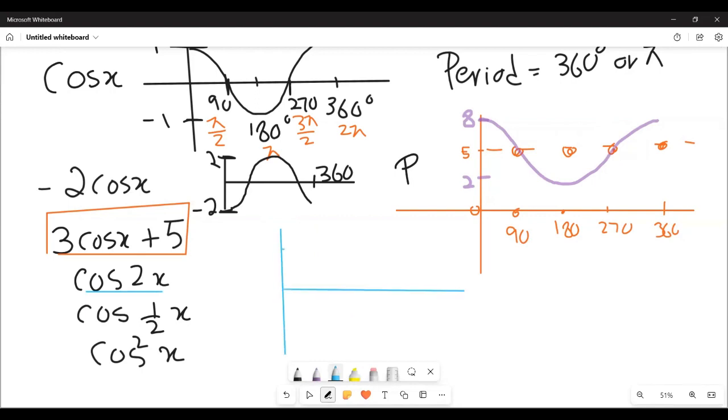It's a typical cos graph, but it ends like this. So it ends at 180. And if we're asked to go beyond it, then the second cycle is completed at 360 degrees. So it actually shrinks, but you still call it a stretch, and the scale factor is half.